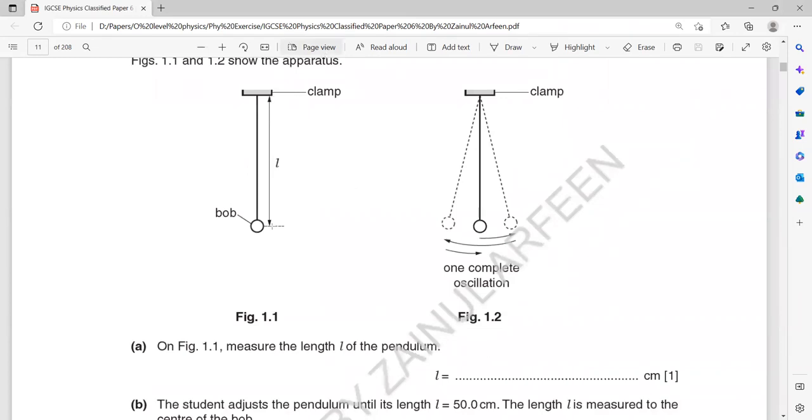It's not necessary that the marking scheme answer and your answer will be the same, because the paper size will be different. What is the length? 3.6, 3.5, 3.65. You will write accordingly.